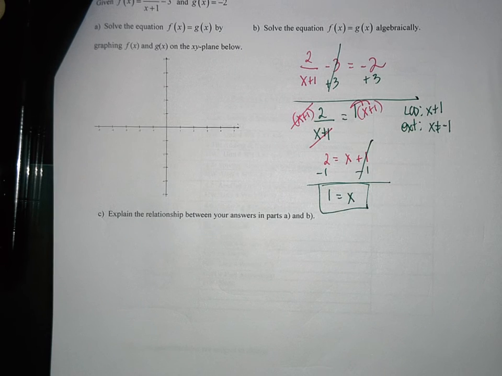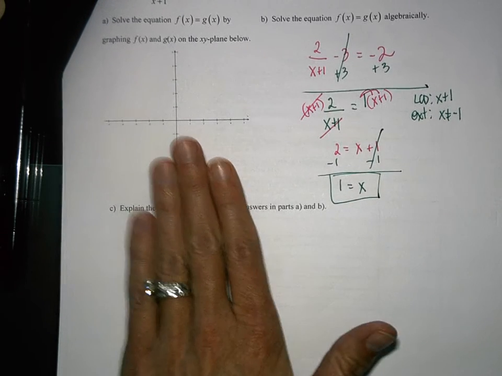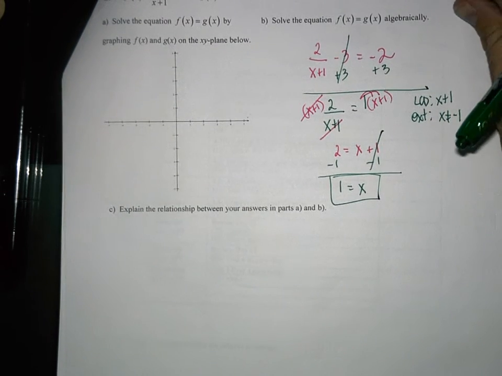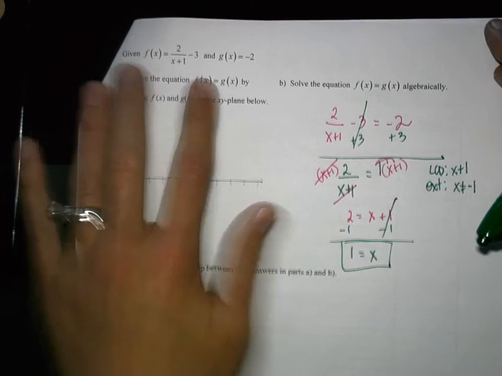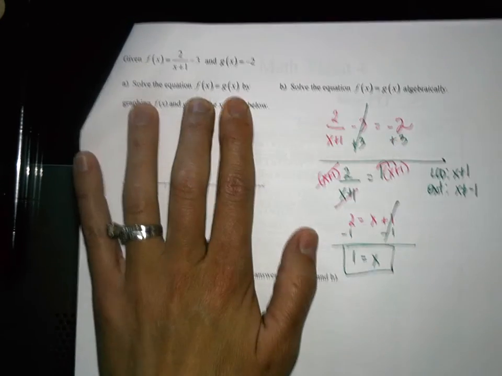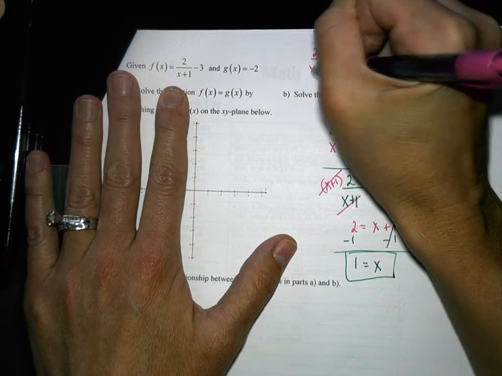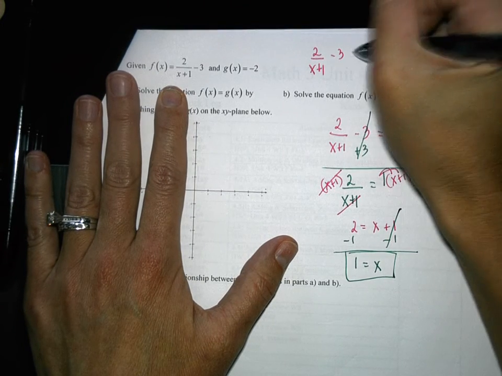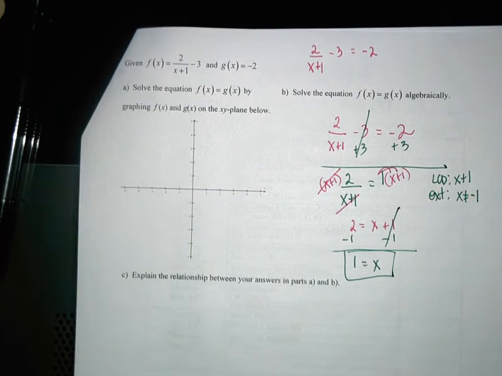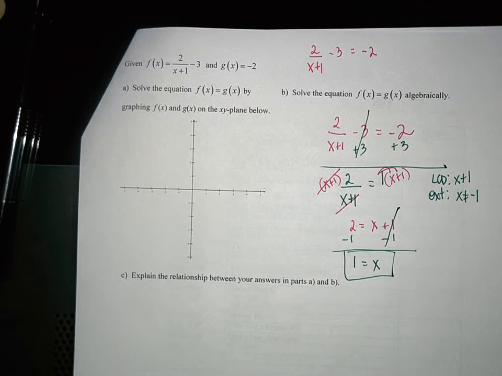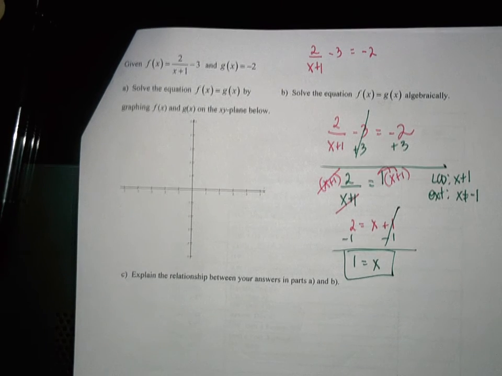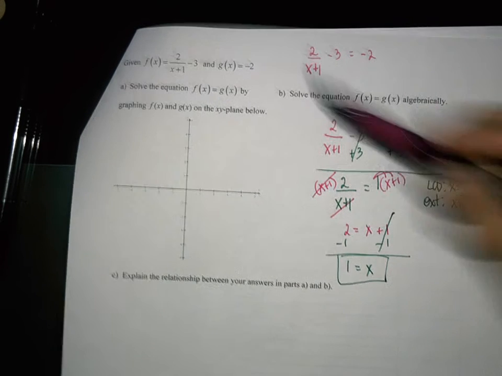Now we need to go over here and do this graphically. Okay, so again, I'm going to rewrite f of x equals g of x. I'm going to do it up here so I have a little bit of room. Okay, so 2 over x plus 1 minus 3 equals negative 2. What do you think I need to do in order to graph this? Set your asymptote. Yeah, but before that, because this needs to be set equal to what? 0.